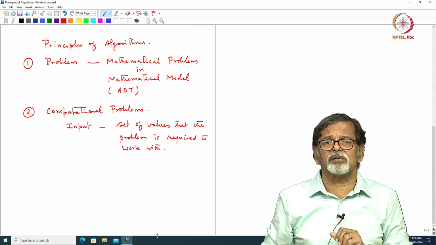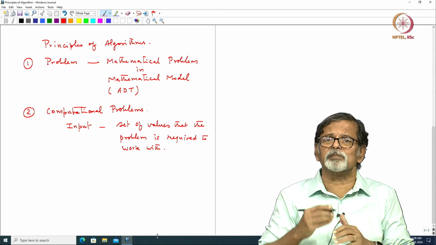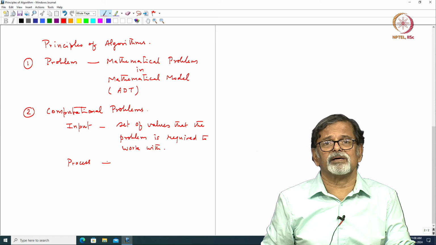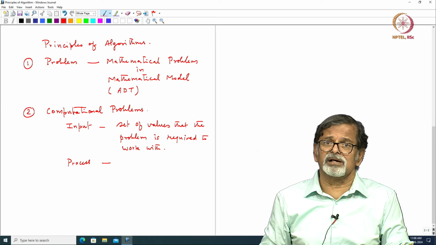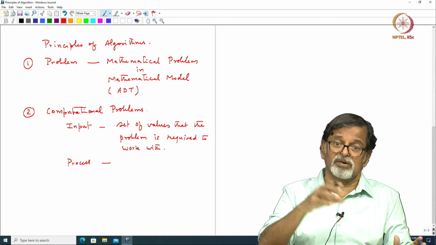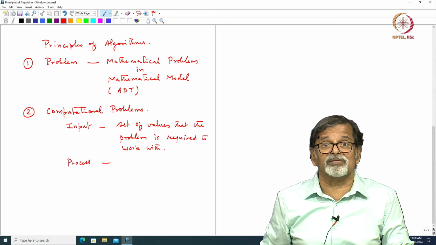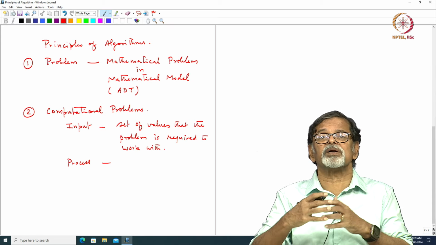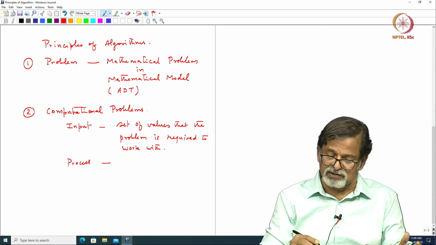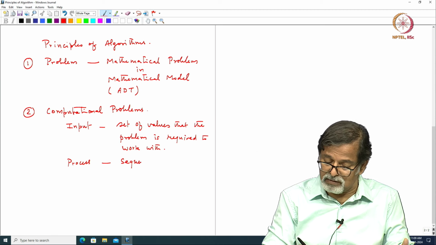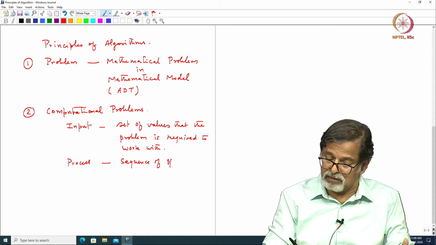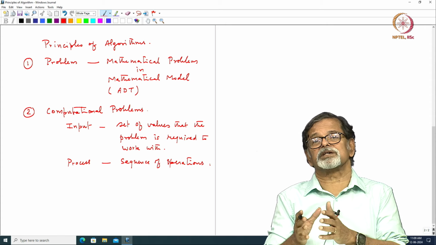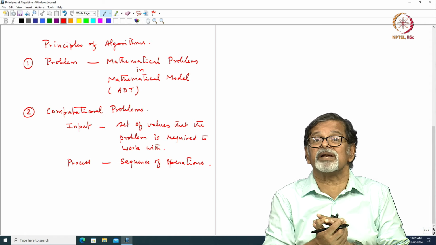And every computational problem is characterized by a process. We are interested in finding the solution for the values that we have taken up for working, and it involves a process, a sequence of operations performed on the values that you have taken as input.